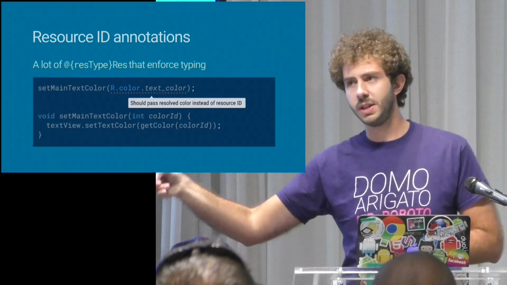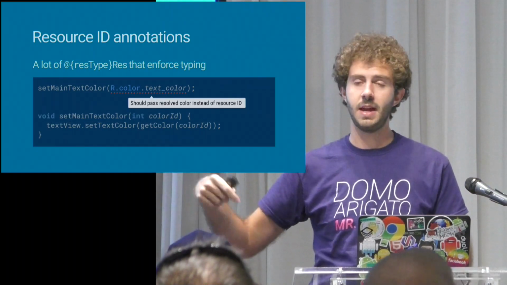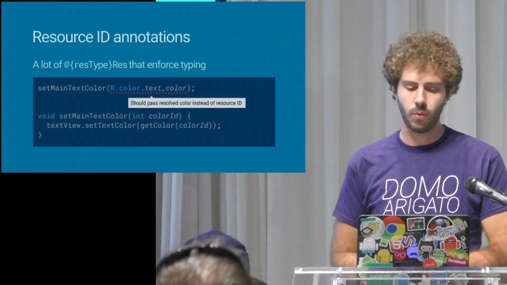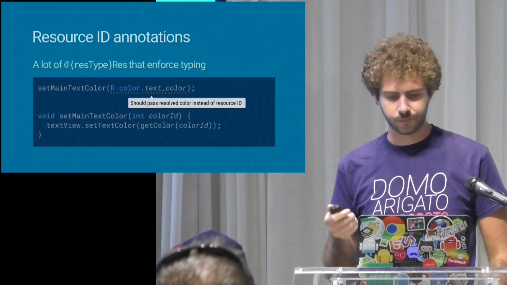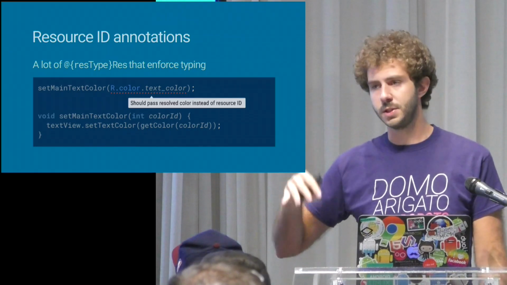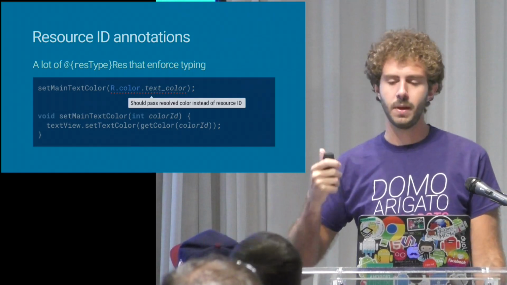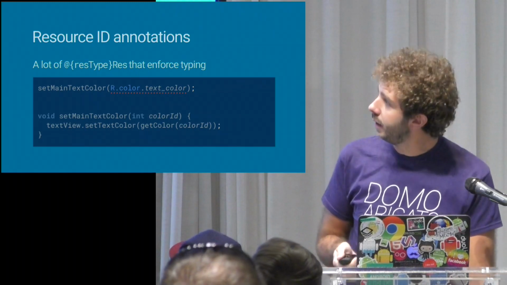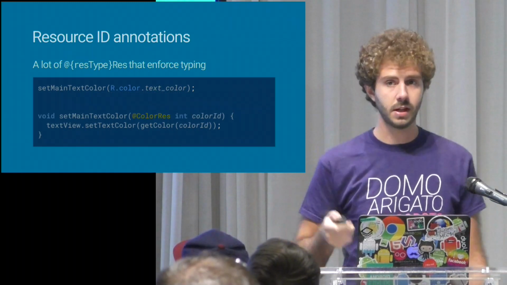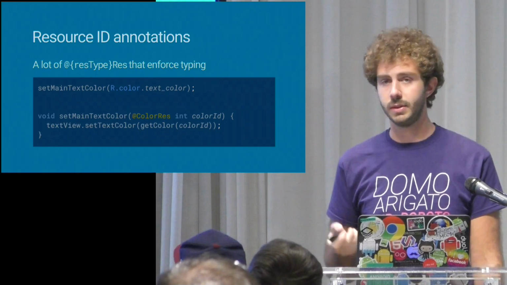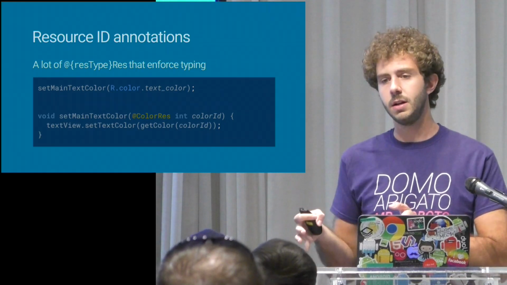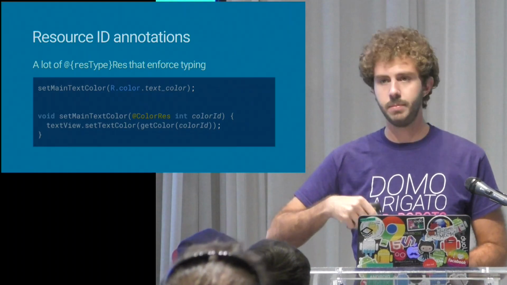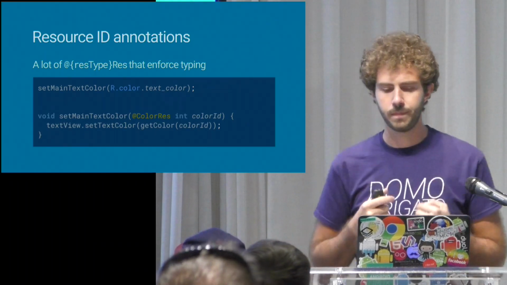Usually what these methods do is they take a resolved color, not a resource ID. So what you can do is add the ColorRes annotation, which tells the user, well, in here I need to get R.color.something, not the resolved color, because I'm dealing with it myself.